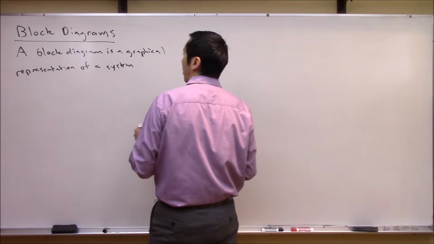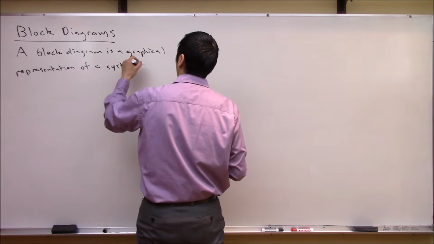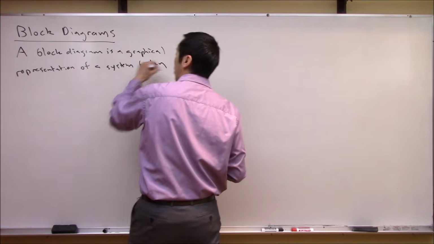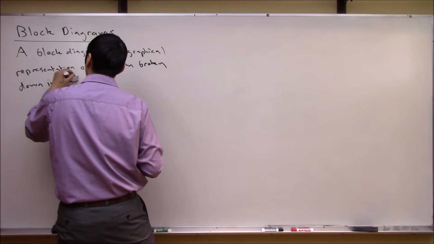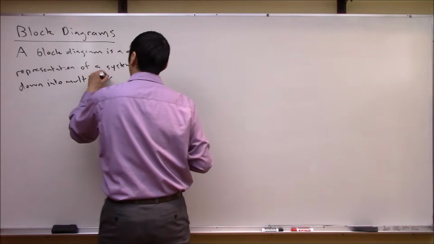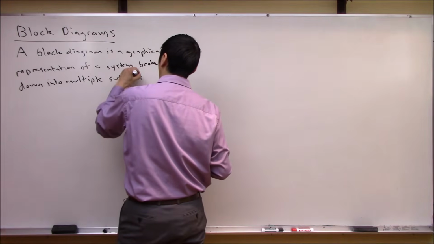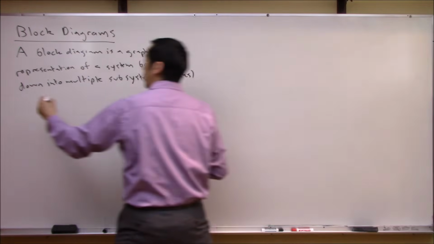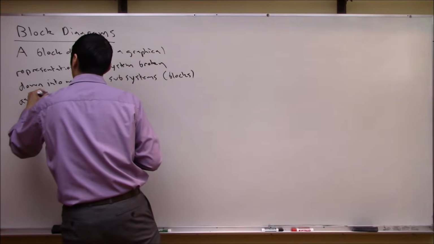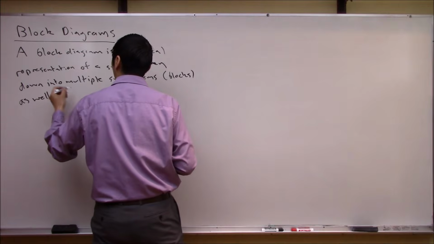So a block diagram is a graphical replication of a system broken down into multiple subsystems, aka the blocks. These are known as the blocks, as well as connections.